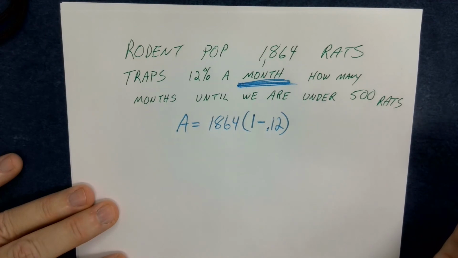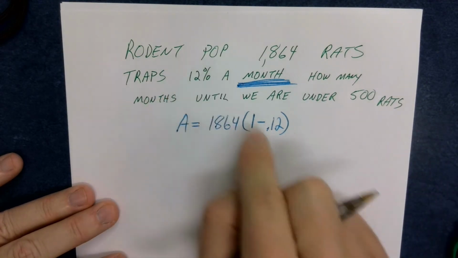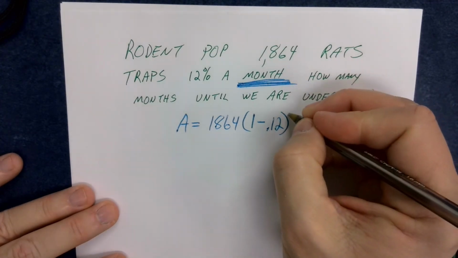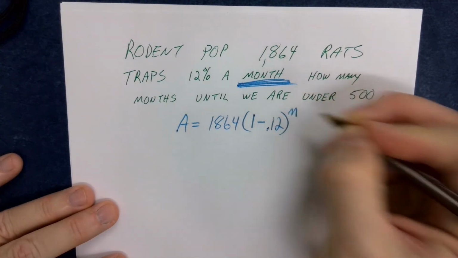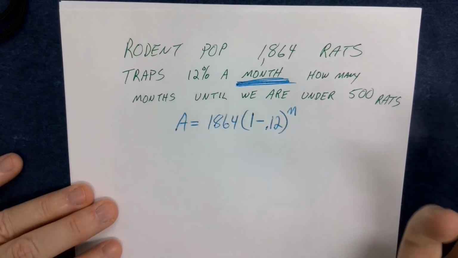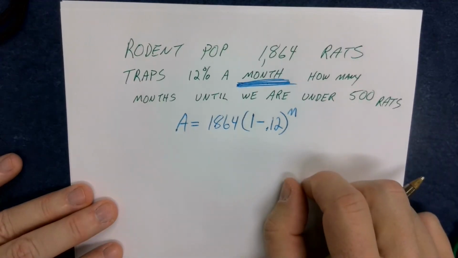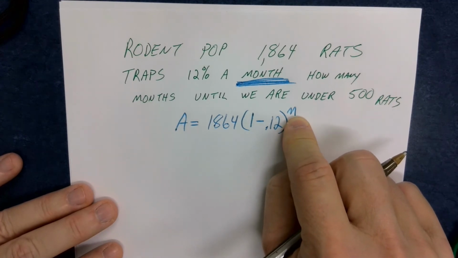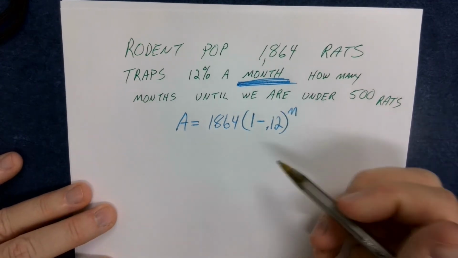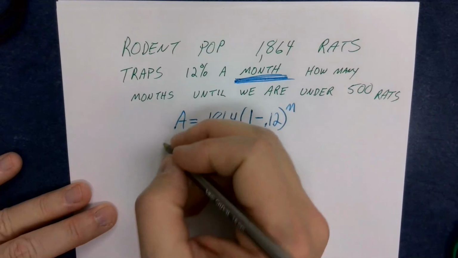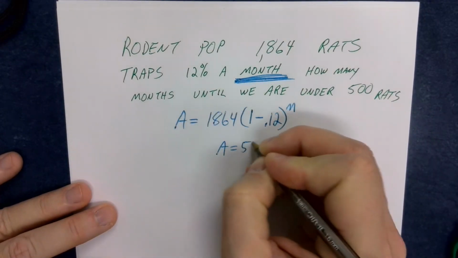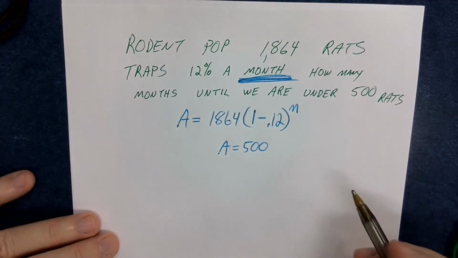Yes? So I had 100% of the rats. I'm losing 12% per month, whatever that time period is. Just know that this isn't years anymore, this is months. But I'm going to figure out what that is. I want to know, when does A equal 500?